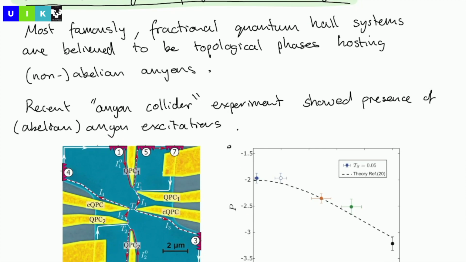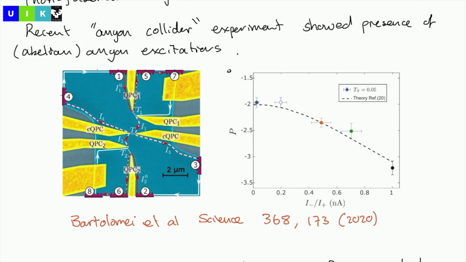These are believed to be described by topological phases and host anyons, which can be abelian or non-abelian. And again, I'll tell you what that means a bit later on. But very recently, a couple of years ago, there was an experiment in fractional quantum Hall systems, which they coined as an anyon collider, where they were able to essentially see signatures of these fractionalized excitations.